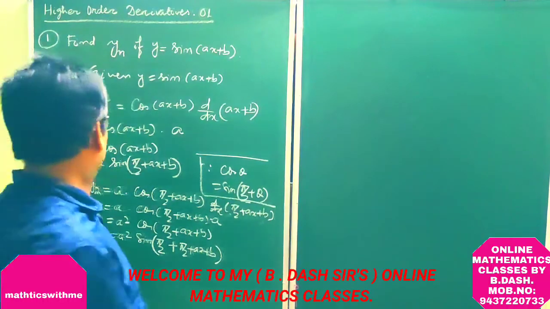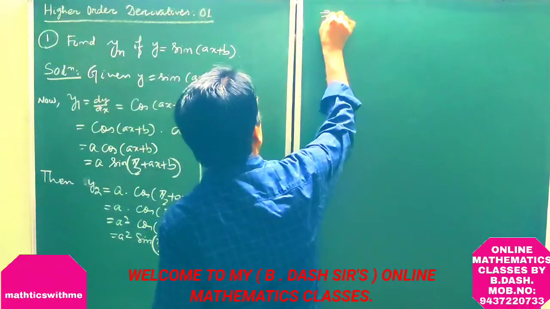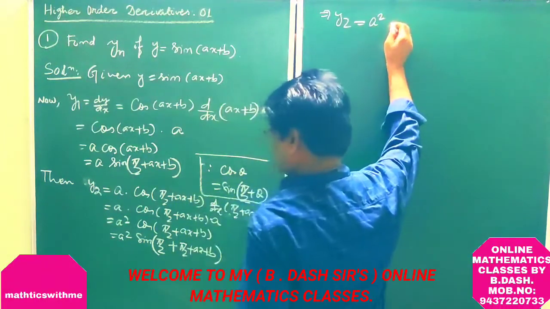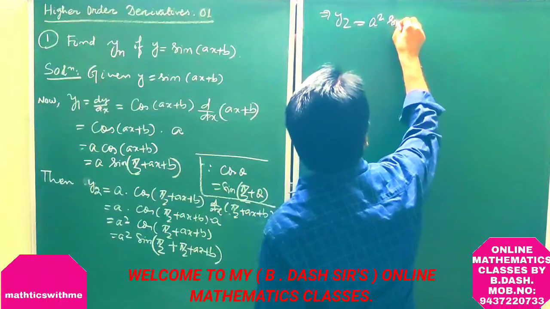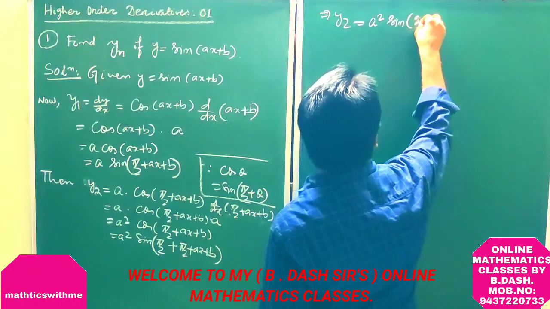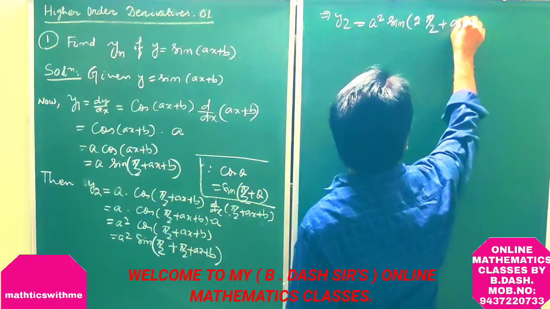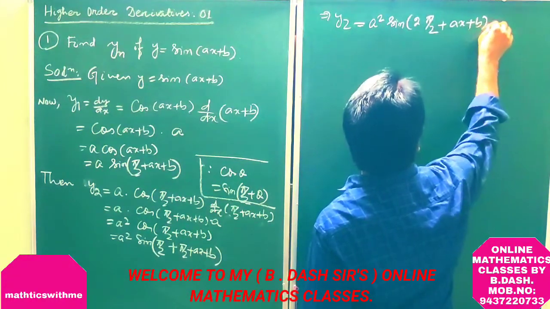So y2 is equal to a square sine of 2 into pi by 2 plus ax plus b.